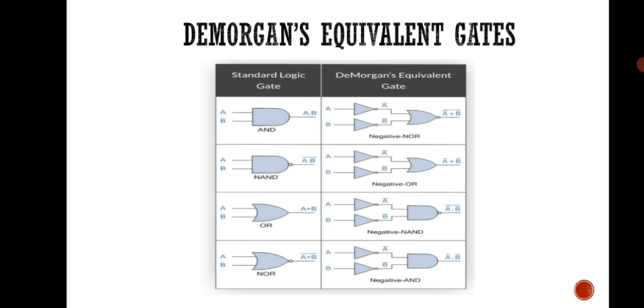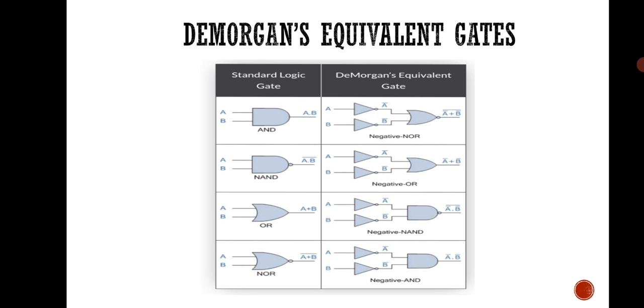Okay, the second one is the NAND gate. So how are we doing it? Again we are feeding the inputs to the NAND gate here in the standard logic gate section to get the NAND output as A dot B whole bar. So A dot B whole bar will be equal to the negative OR gate, that is A bar plus B bar, which is realized like this.